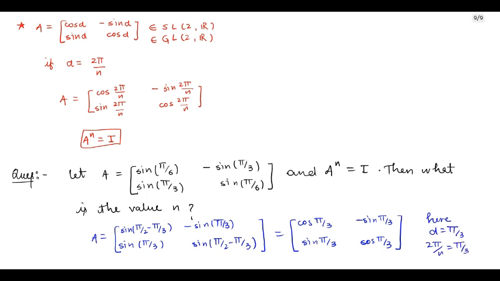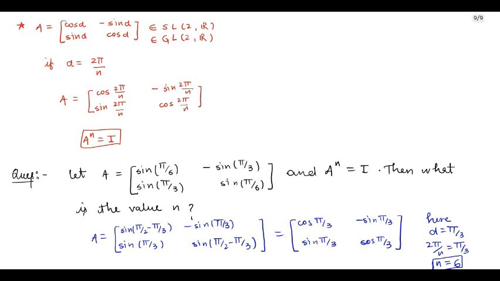Then A to the power n is identity. What is n? N is here 6. Put n equal to 6.